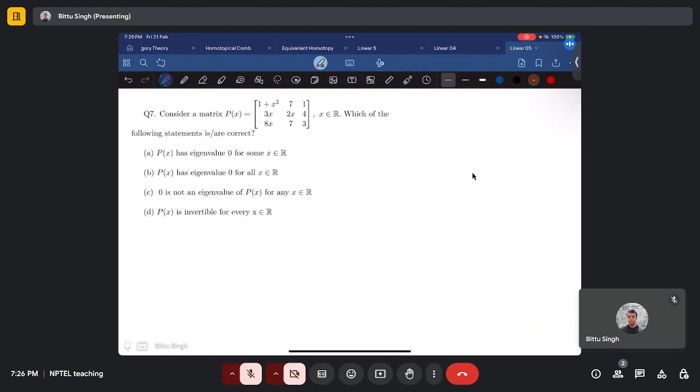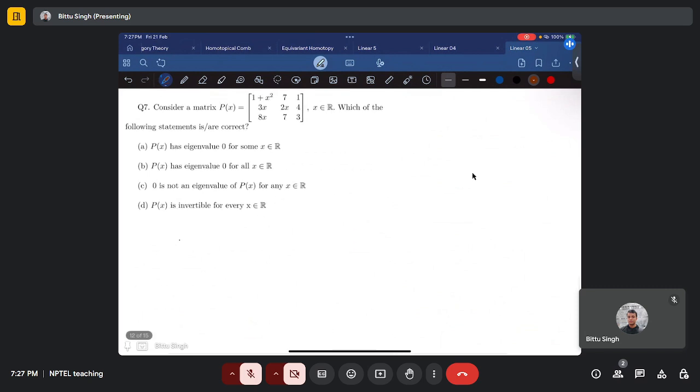So Px is a given matrix. Now we need to check what are the possibilities: if it has eigenvalue 0 or not, for some x or for all x, or what can we say? So how can we find the eigenvalue? x is already used, so let lambda be an eigenvalue.